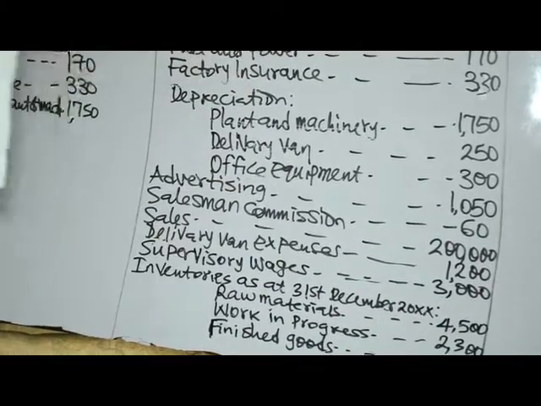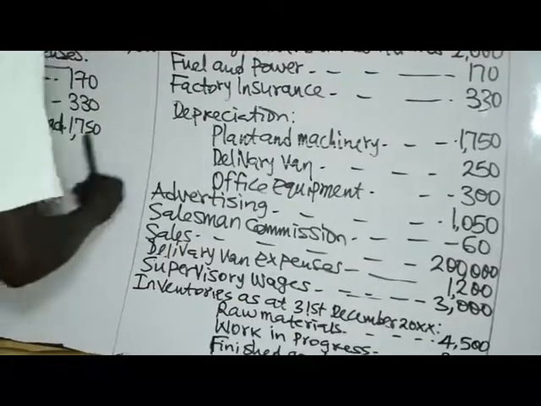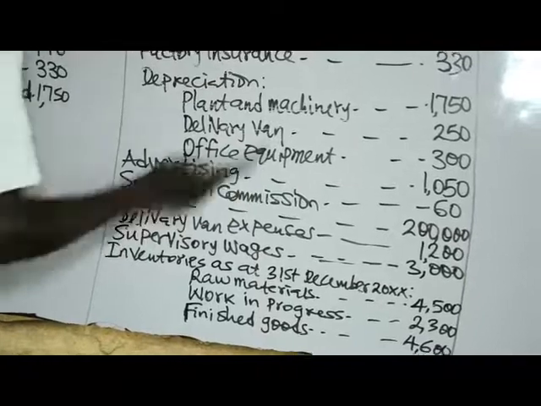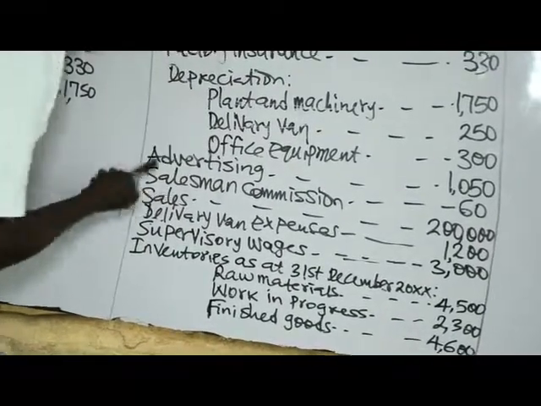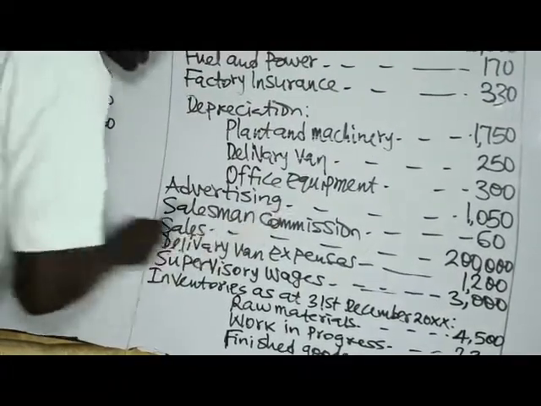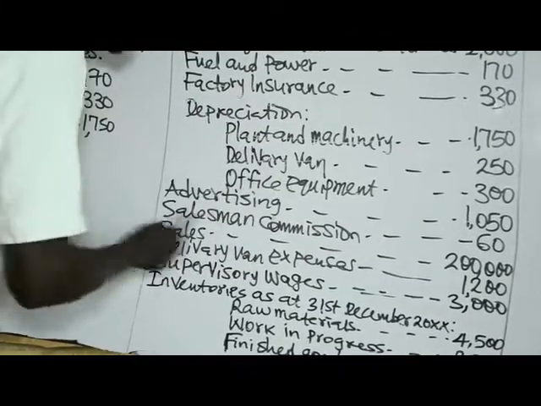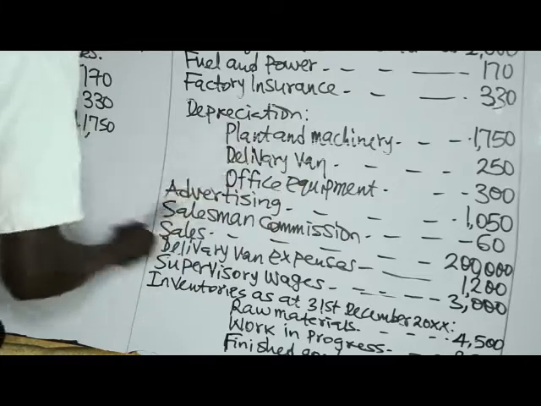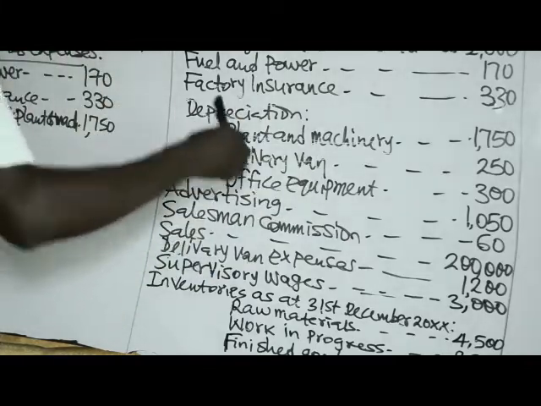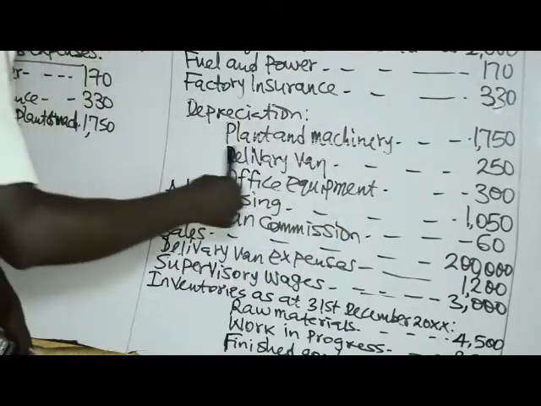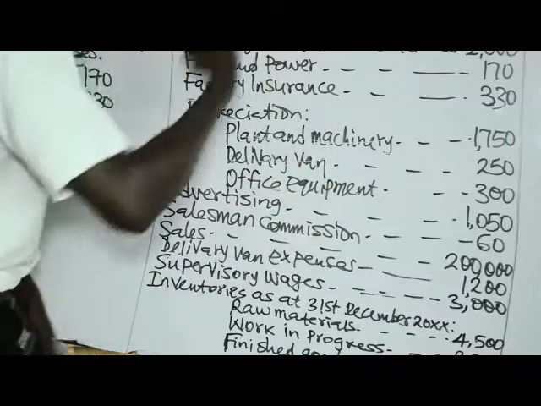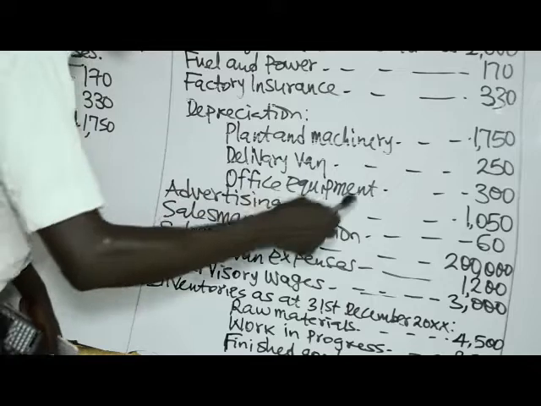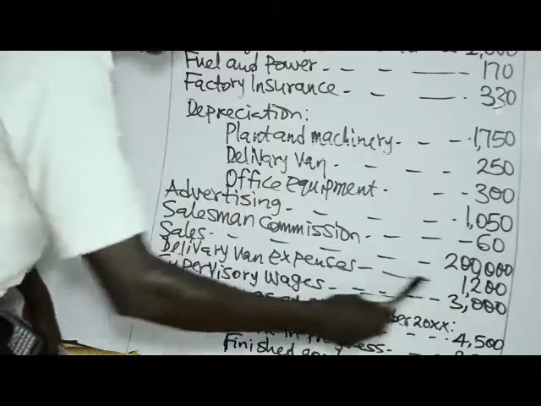Now, advertising is the amount incurred in creating awareness of the goods in the notice of the customers. Therefore, advertisement expense is a selling expense, and it should not be treated as an overhead. So, salesman commission. The commission given to the agent who sells the goods is a selling expense.